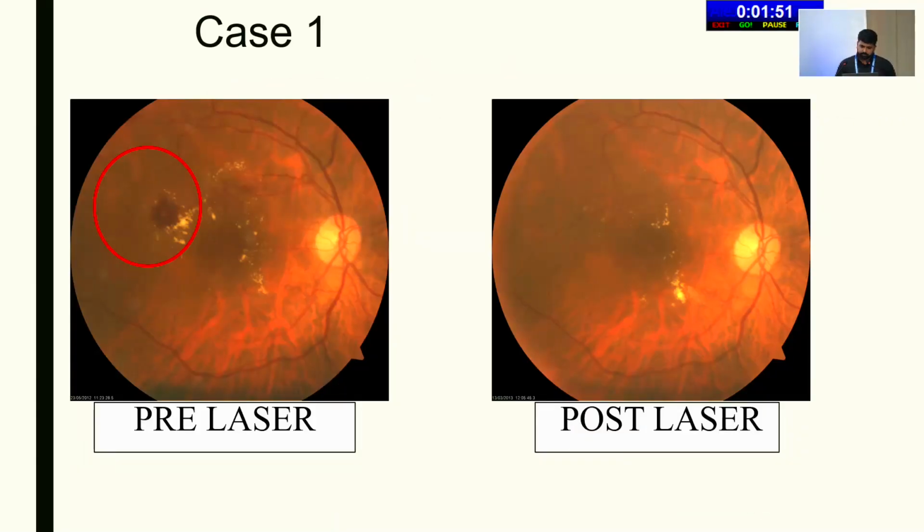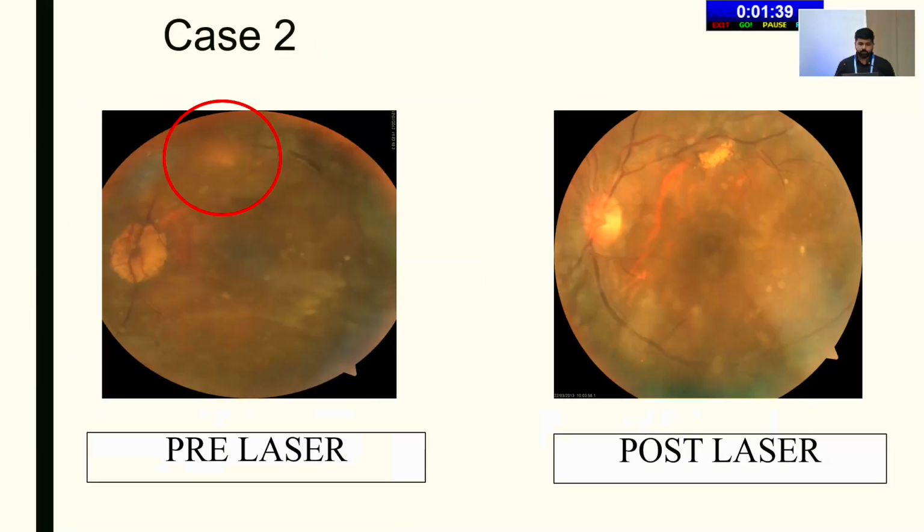In cases 1 to 3 we advised laser photocoagulation, and on follow-up there was a resolution of the hemorrhage and exudation as seen in the image. In case 2, post resolution of the VH, we did laser photocoagulation.